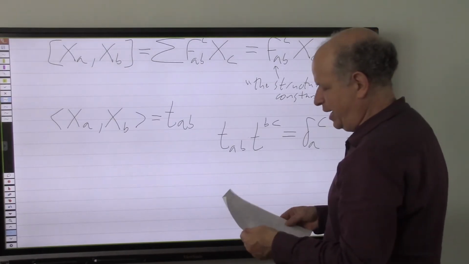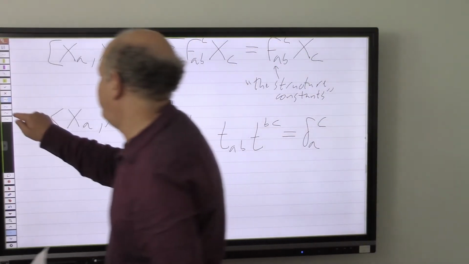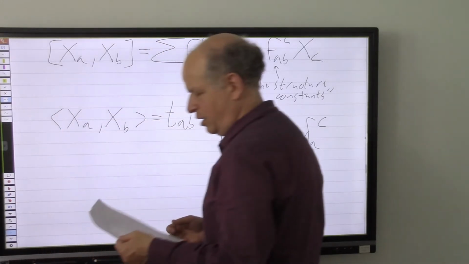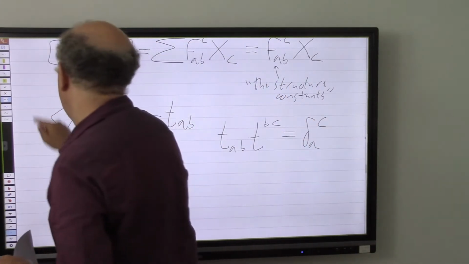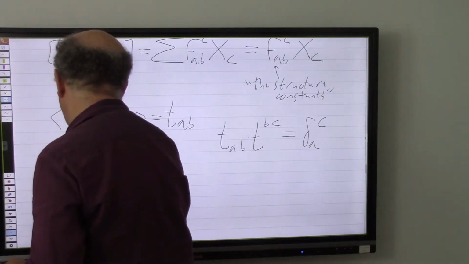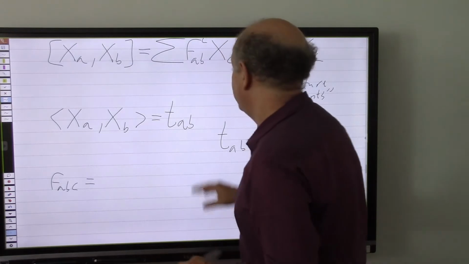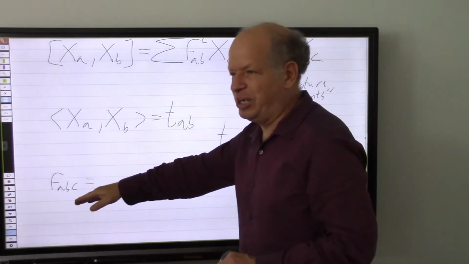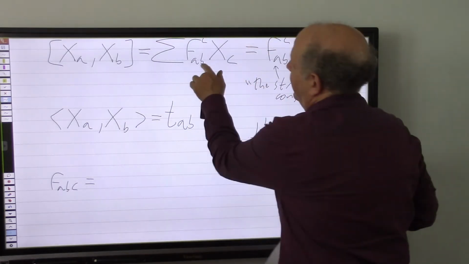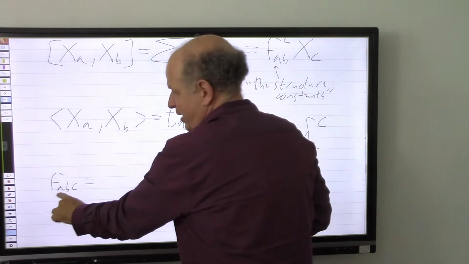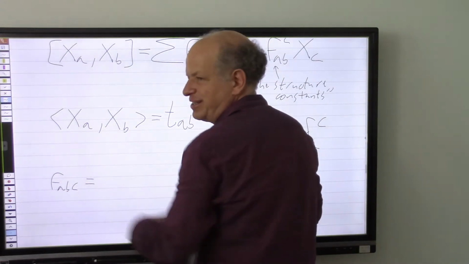So now that I have these, I can define the all lower structure constants, F_ABC. You have to be careful because symbols change their meaning if the indices are below or above. Before I had F_AB with C above, and now I have F lower ABC.